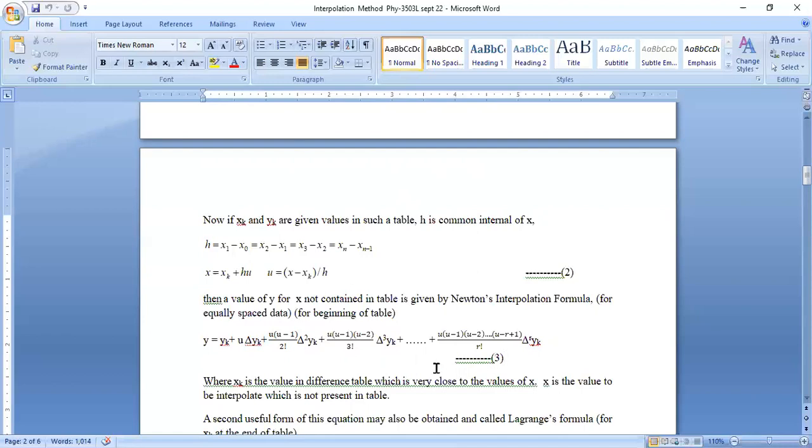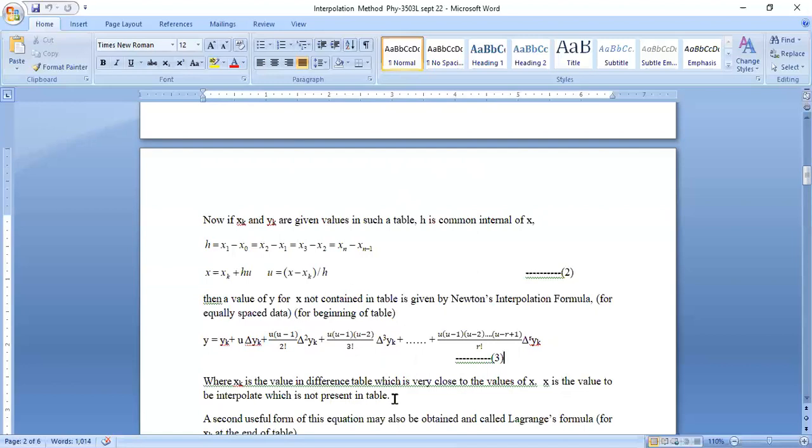Now you see here I said that xk is the value in a difference table which is very close to the value of x, which I already discussed. And x is a value to be interpolated which is not present in the table.